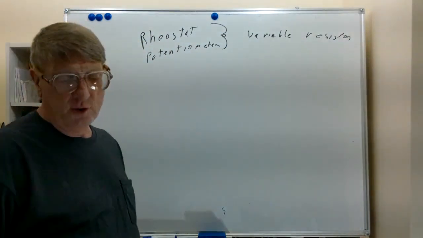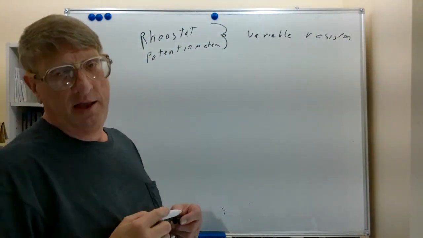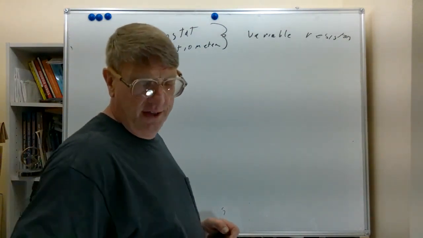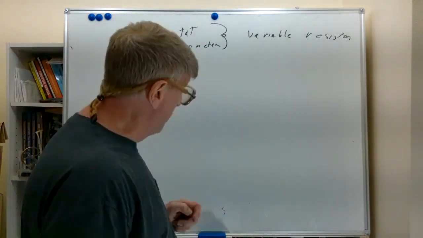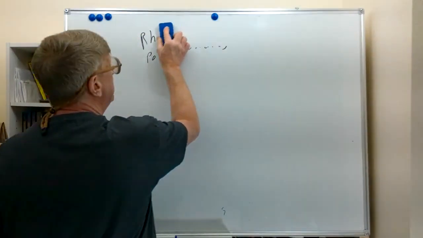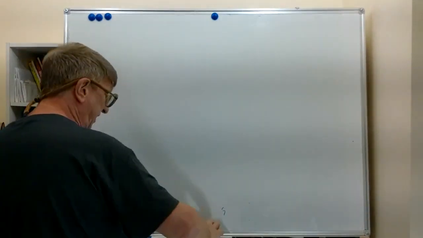Why do we have two terms? The two terms are more related to how they're used than to whether they're a variable resistor or not. So let's talk about what we typically see a rheostat doing.